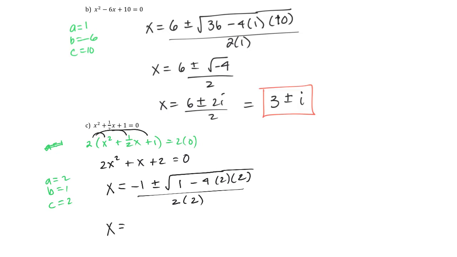Okay, so x is equal to negative 1 plus or minus the square root of 1 minus, let's see, 4 times 2 is 8, times another 2 is 16. 1 minus 16 is negative 15, all over 4. So x is equal to negative 1 plus or minus i root 15, all over 4.